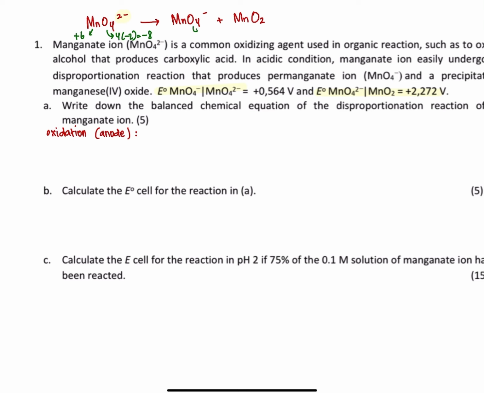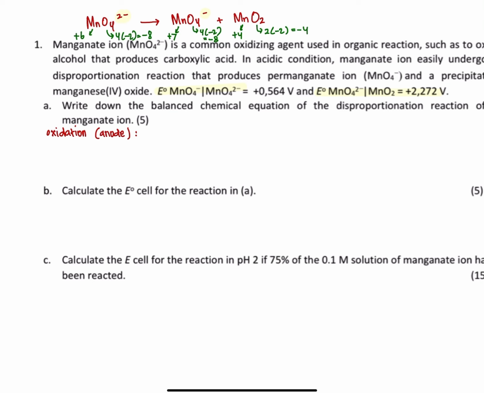Here, the oxidation number of oxygen is also -2, so we have -8 over here, and then the total should be -1. So in this case, the manganese here should be +7. And then here, the oxidation number of oxygen is also -2, so here we have a total of -4, and it is a neutral chemical species, so in this case the manganese here is +4.